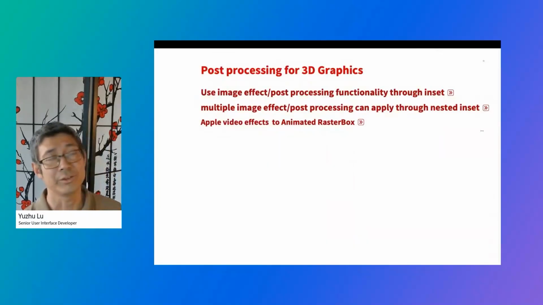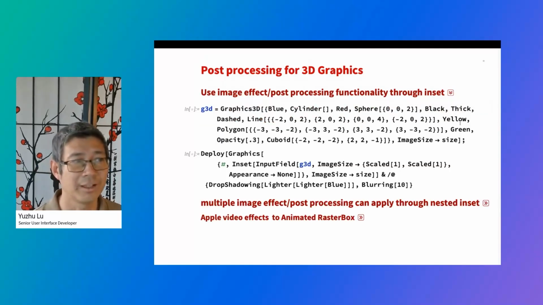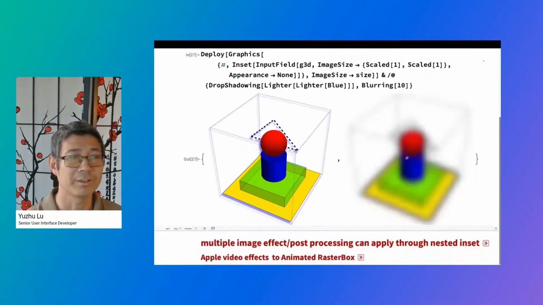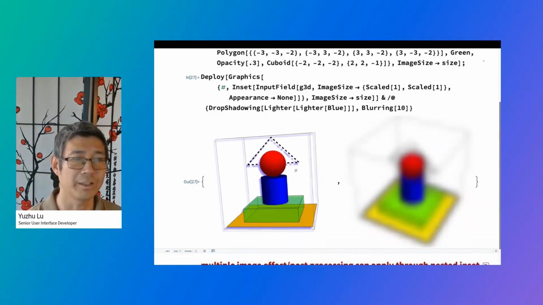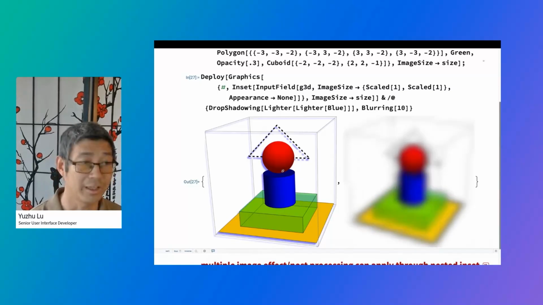Same thing for 3D as well. There are things like image effects or post-processing you want to do on your 3D graphics. You can also do it, and it will still preserve all this: the drop shadowing and this blurring applying to 3D graphics, and all the interactivity stays.